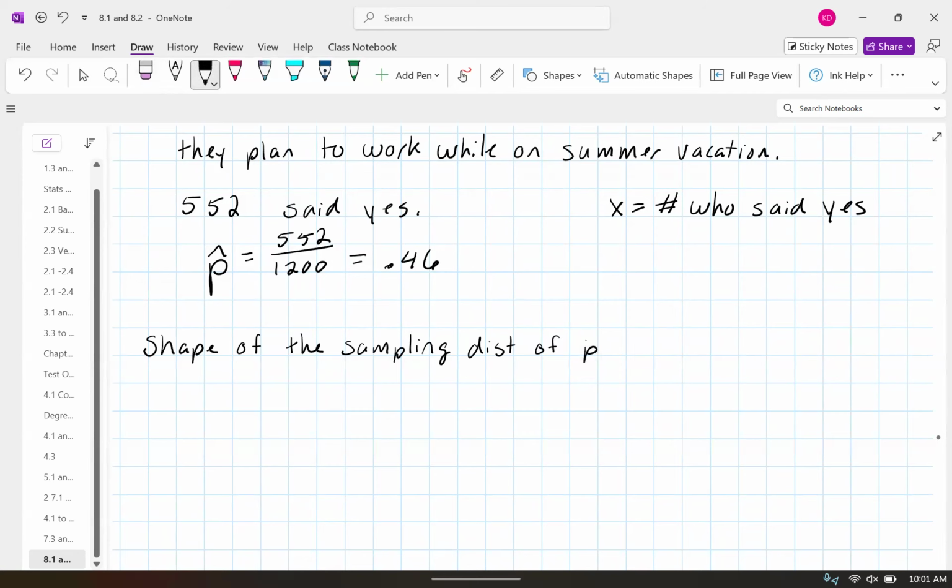So comparing all of our different sampling distributions, it is approximately normal when our n times our p times 1 minus p is at least 10.